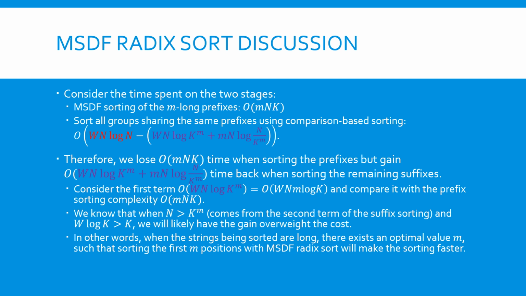We realize that when N is larger than k to the power of m, and W log k is larger than k, we have the gain overweigh the cost. In other words, when the strings being sorted are long, there exists an optimal value m, such that sorting the first m positions of the strings using MSDF Radix sort will likely lead to some performance gain.